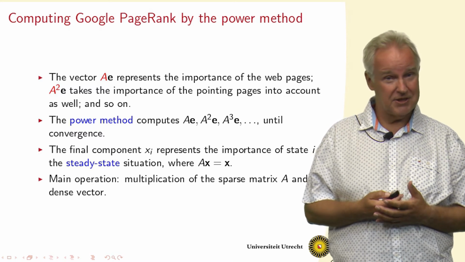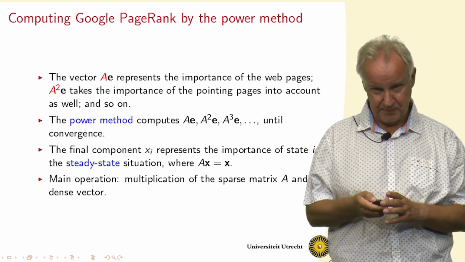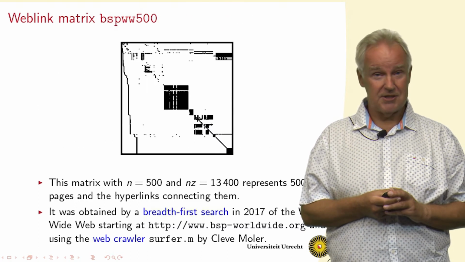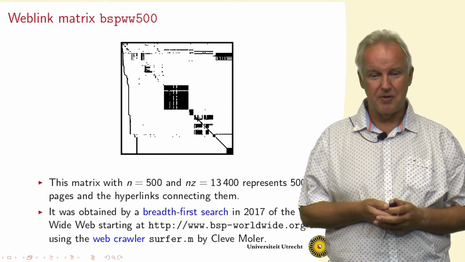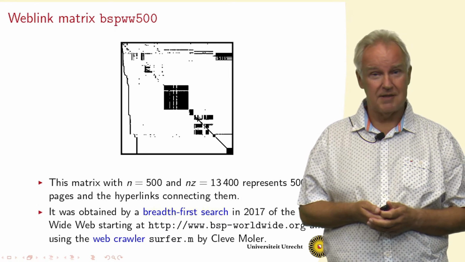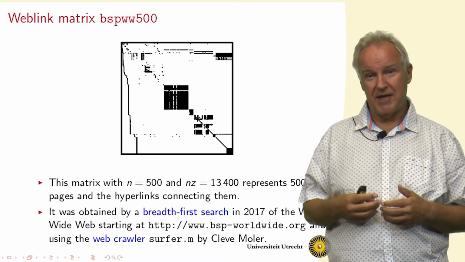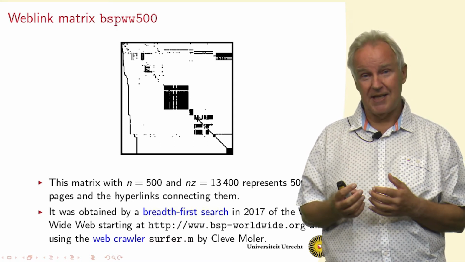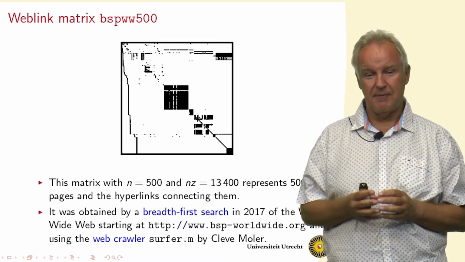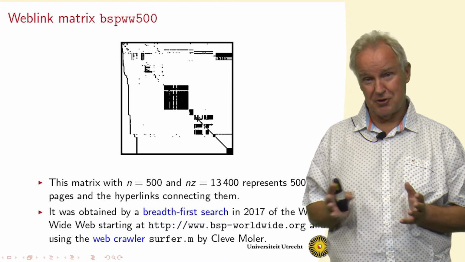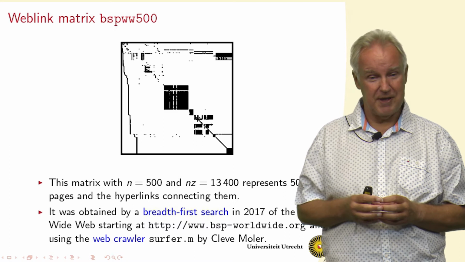The main operation here is, again, multiplying a sparse matrix with a dense vector. This is an example of a weblink matrix. We started with the BSP Worldwide web page, and we looked at the pages it pointed to, and then the pages to which those pages point, etc. We limited the search, which was done by a web crawler, to 500 pages.